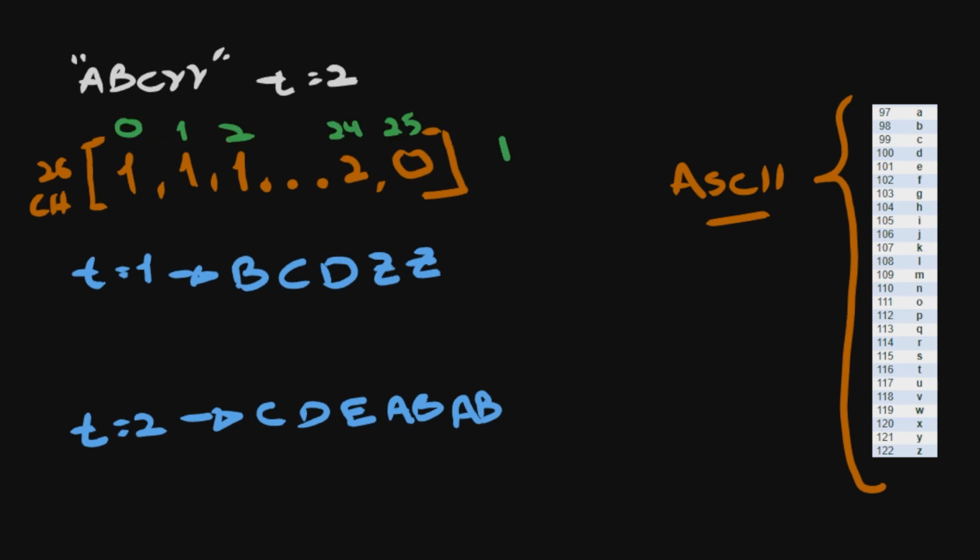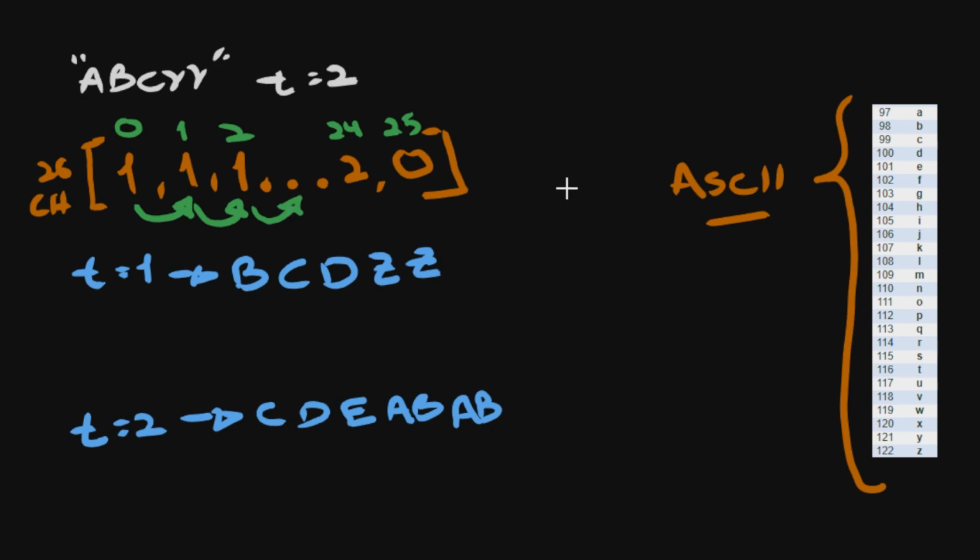Now this is our frequency array, and for every T we want to do a simulation. We will take the count for every index. So for example, here the count for A is 1. We are taking that count and moving that to the index on the right. So now B is 1. And we are taking this and moving this one step to the right. And we are also taking this and moving this one step to the right.